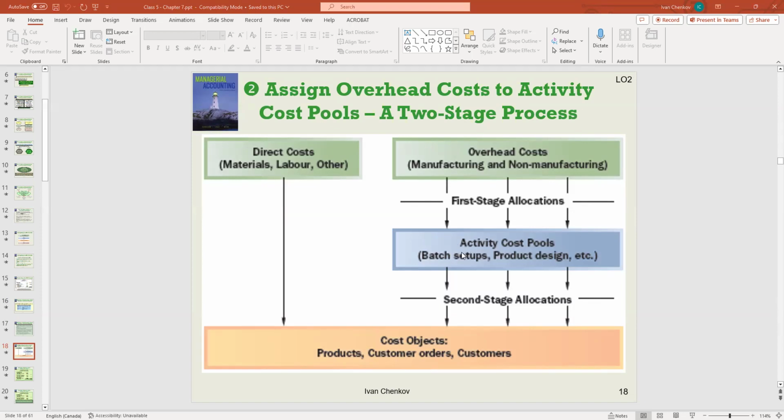We're going to draw the chart with the activities which drive those costs. And on the second stage, we're going to try to find the cost objects, which are the product, customer order, and the customers.